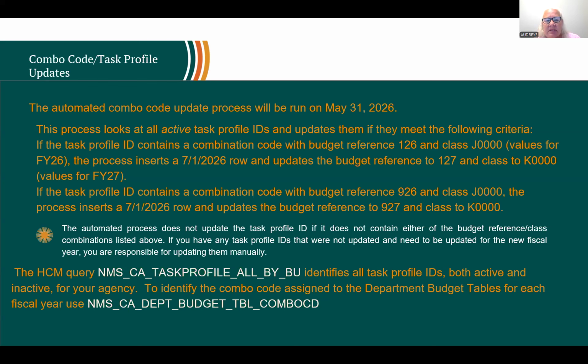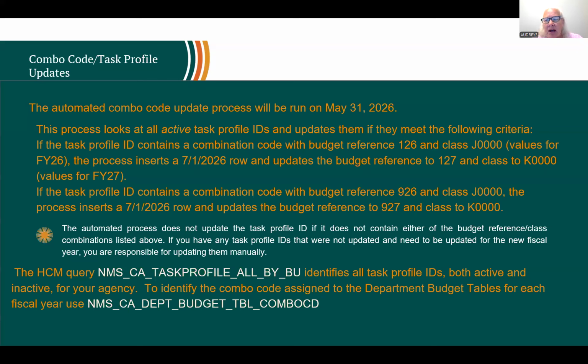What this process does is it looks at all of the active task profile IDs and updates them if they meet the criteria. If the task profile contains the combo code and the bud ref for FY26, it will automatically update it to the FY27 codes, which are I-27 and class K0000.